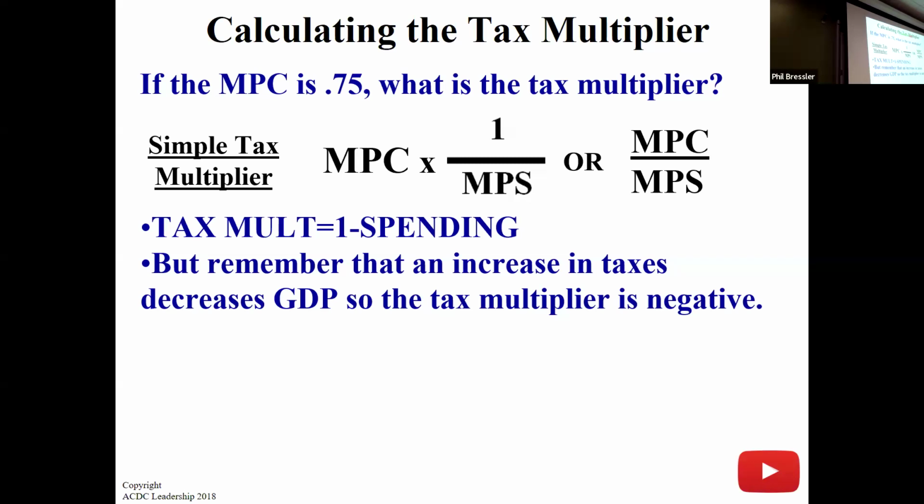I said C for. Number 5, I said decrease taxes is like 25. I had automatic stabilizing. I got the reason.